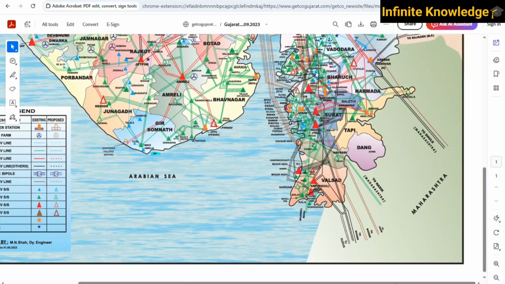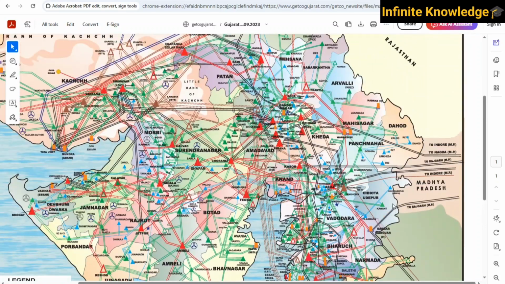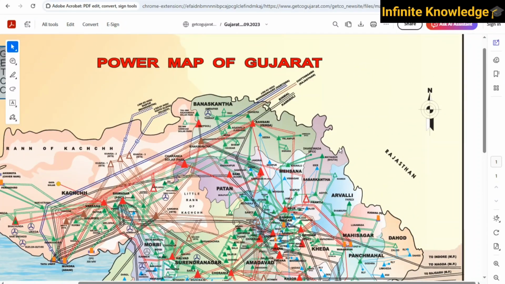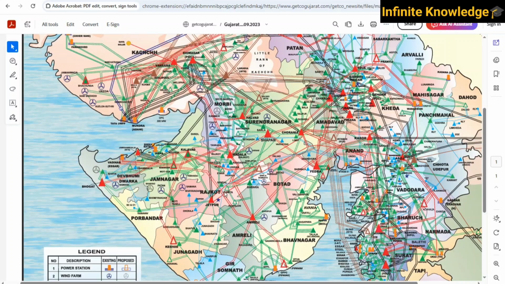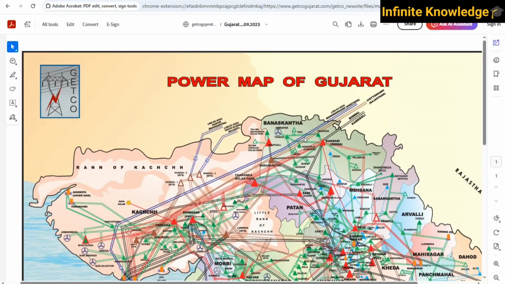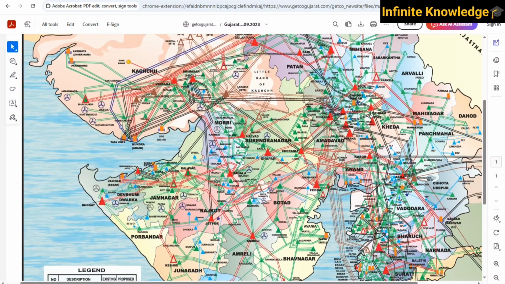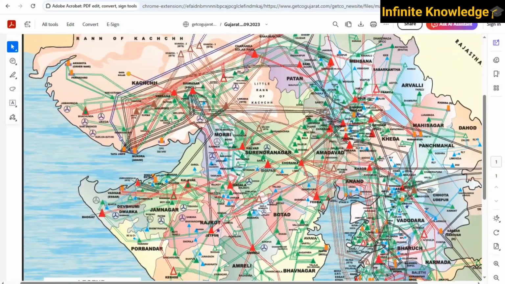So even for a small area, or state to state, you are connected through high voltage like 220, 400, or 765 kV, and that's why I have used high voltage. If you want this power map, just search for power map of India or power map of Gujarat on Google, and you will get this map.